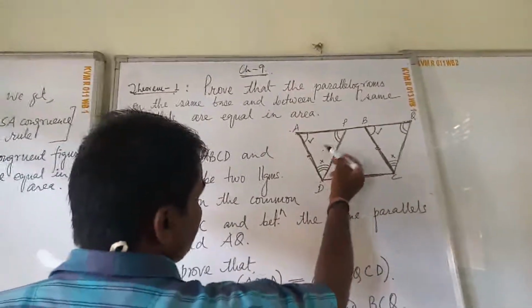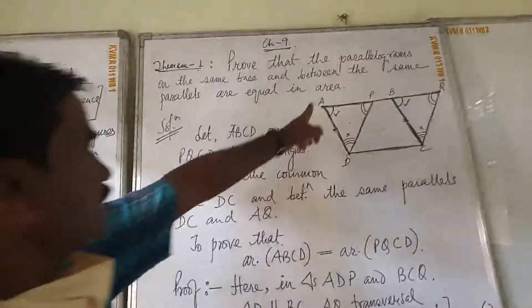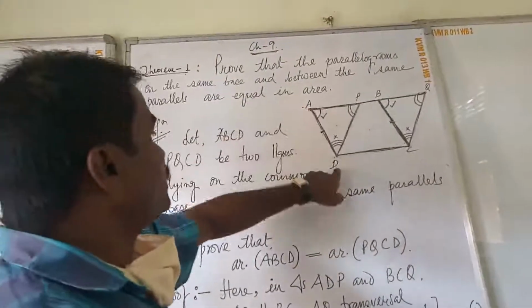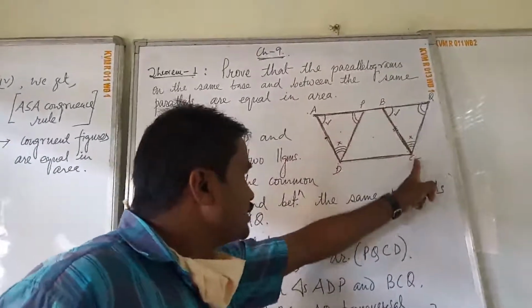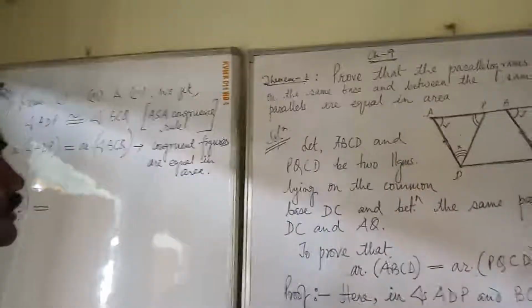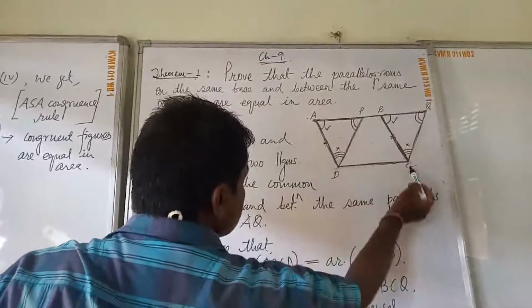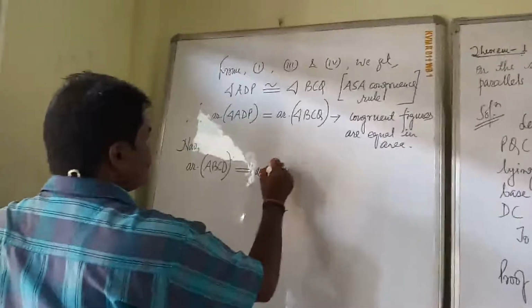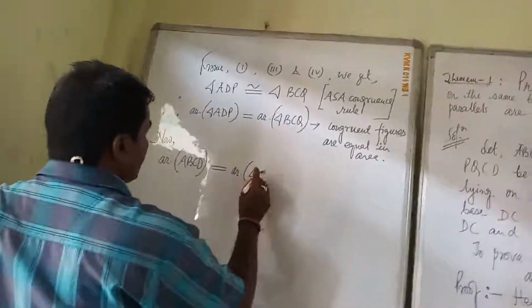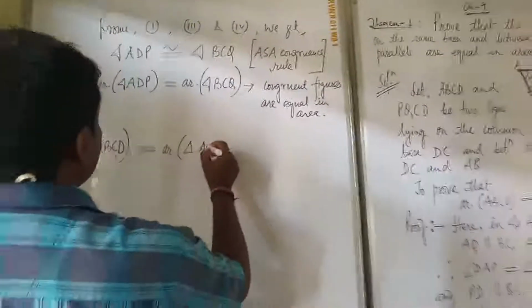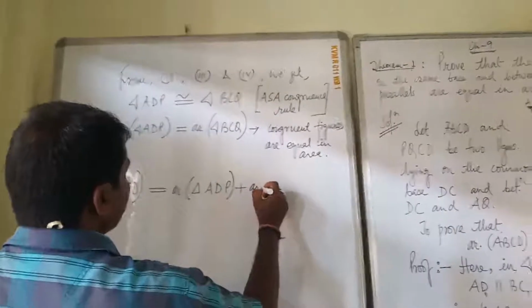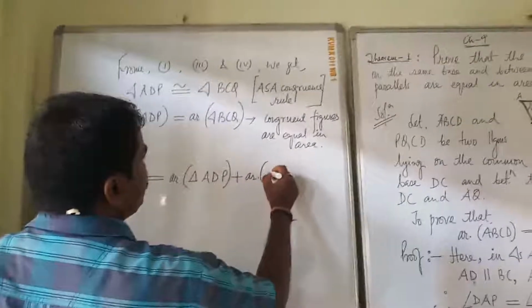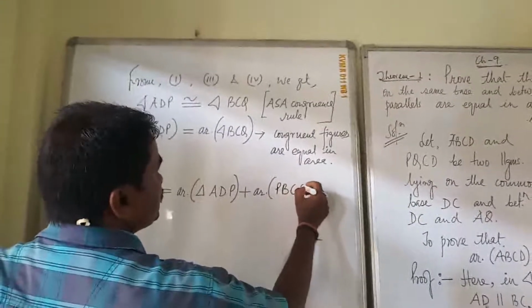So this area plus this area, that is area of triangle ADP plus area of PBCD. So we can write area of triangle ADP plus area of PBCD.